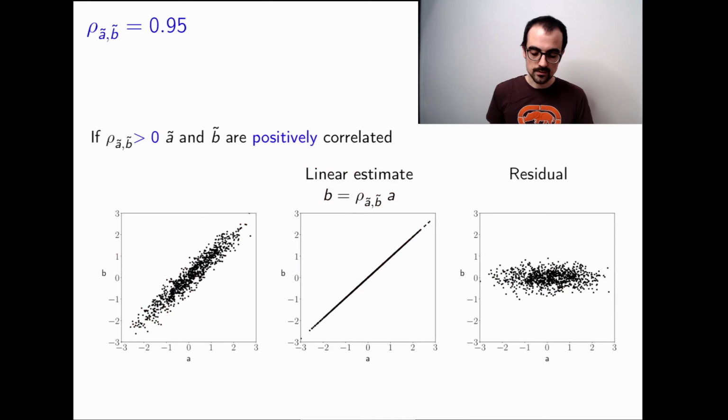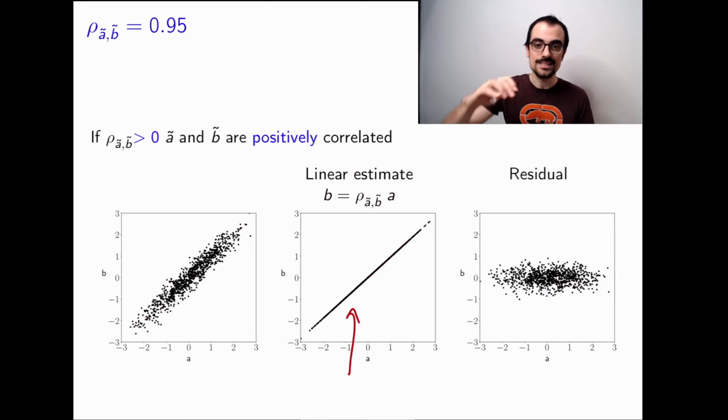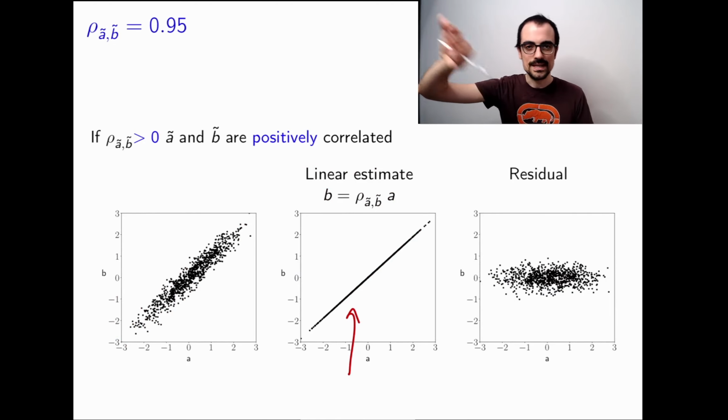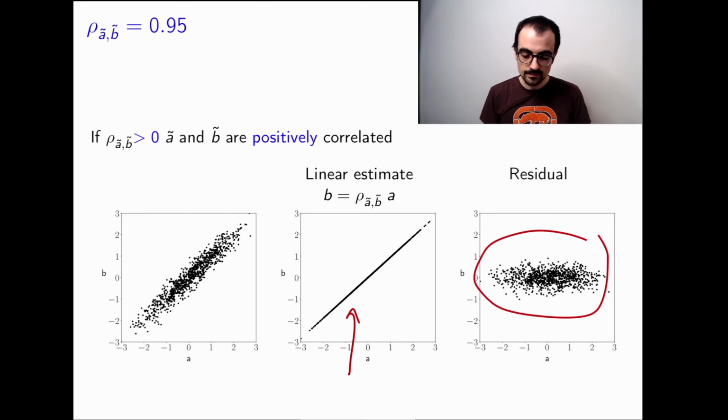Okay, so let's do that. When we do it for our left graph here, this is the linear approximation, and indeed we see that B is directly proportional in the sense that when we compute the linear approximation, that linear approximation has a positive slope, and then this is the residual. So in this case, the correlation coefficient is positive.